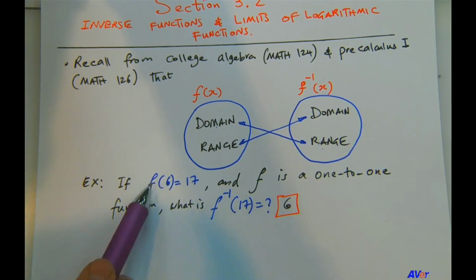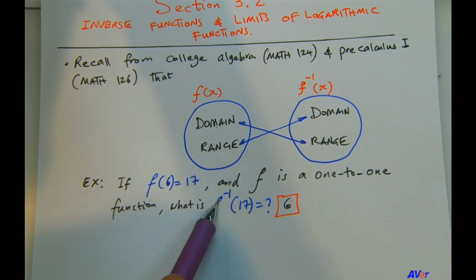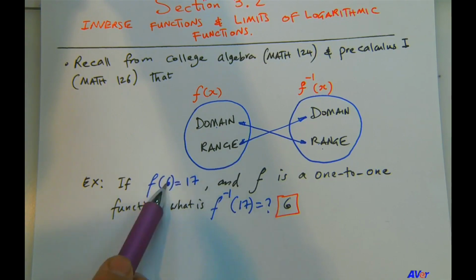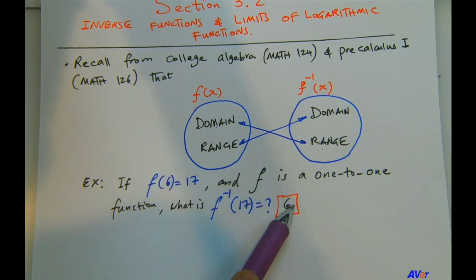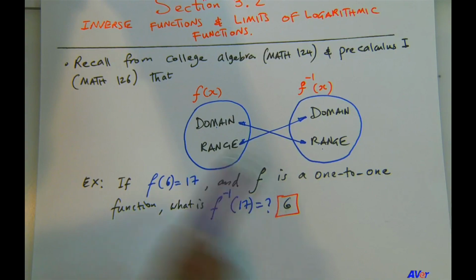If the value of the function at 6 is 17, then the value of the inverse function at 17 is 6. So a member of the domain became a member of the range, and a member of the range became a member of the domain.